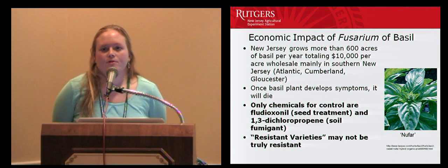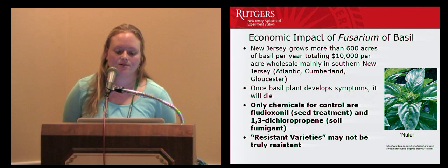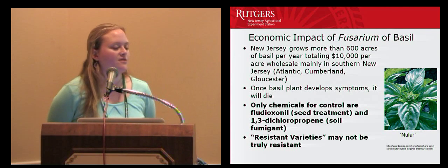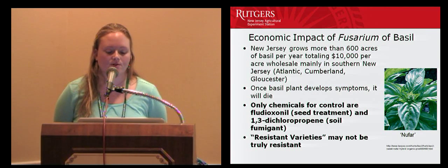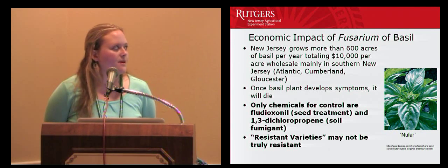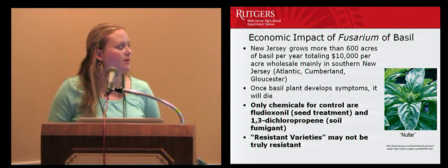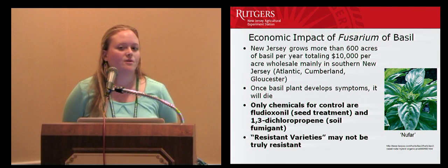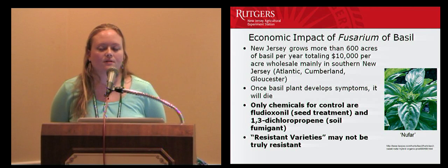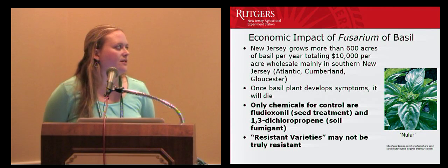So as we heard before, New Jersey is a major grower of sweet basil, growing probably more than 600 acres per year, totaling $10,000 per acre wholesale, mostly in southern New Jersey, but also in central parts of New Jersey. We know that once this disease infects the basil plant, it dies, and very importantly here I want to note that the only chemicals for control are fludioxonil, which is seed treatment, and also soil fumigant, which, as you all know, soil fumigants are starting to go out of the market now.